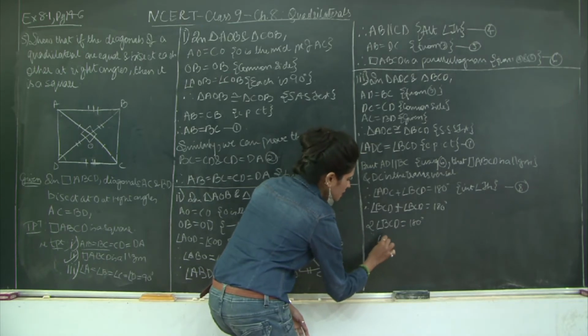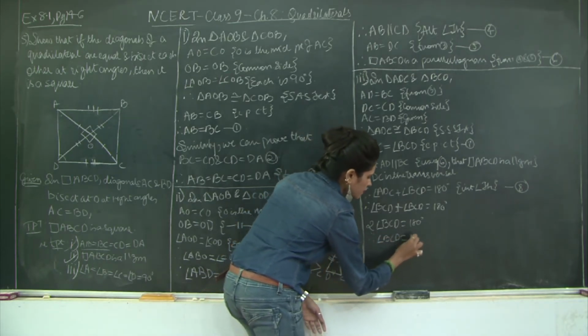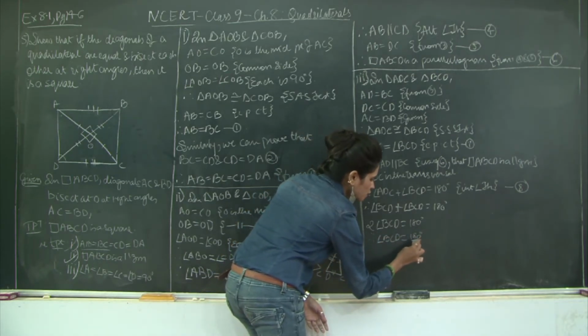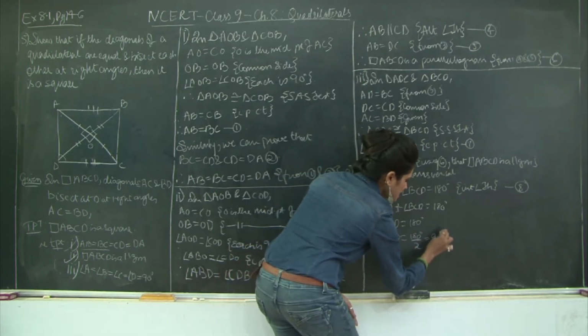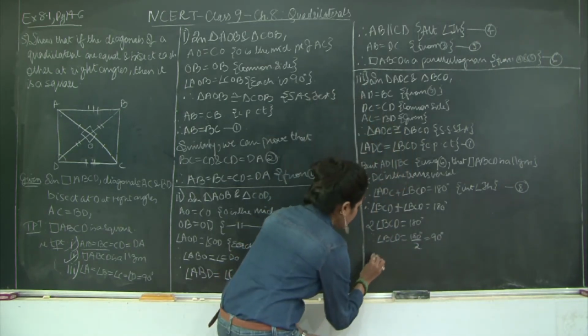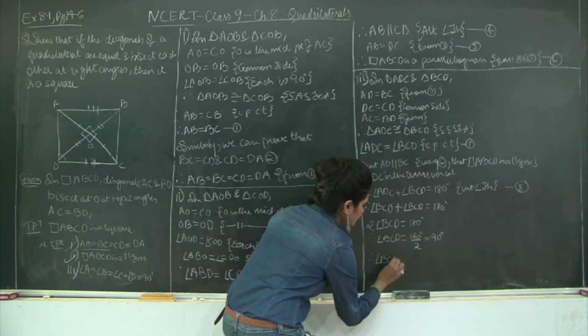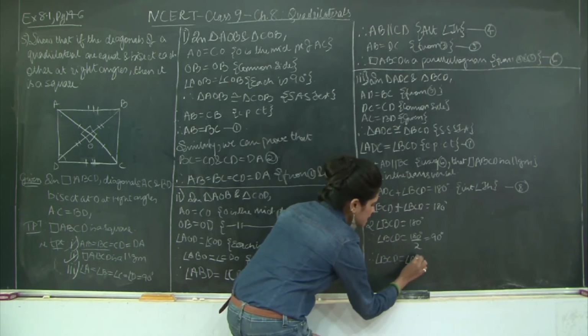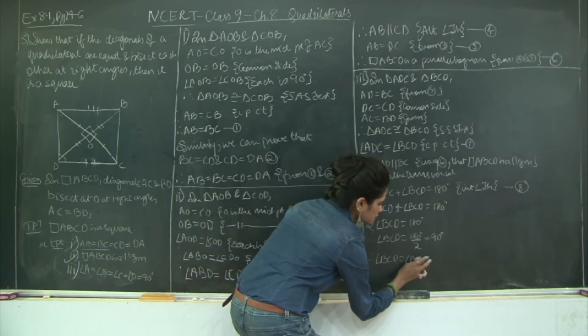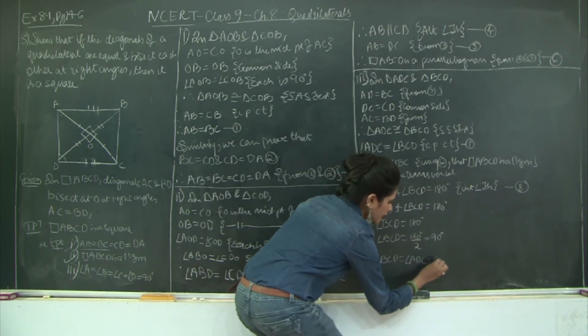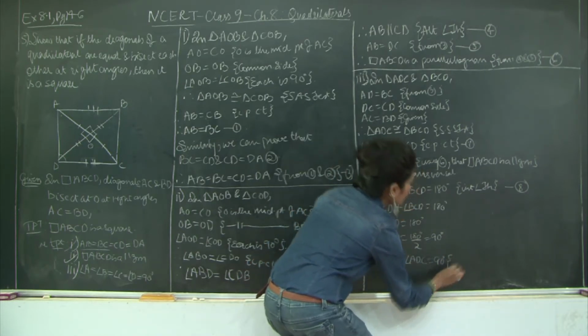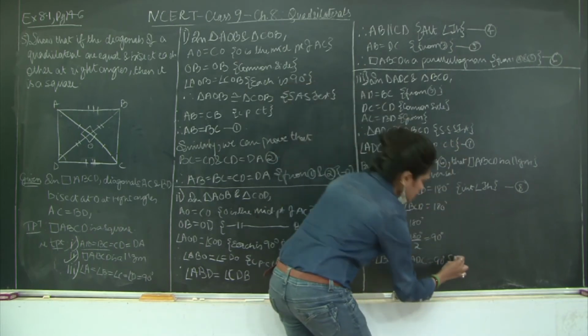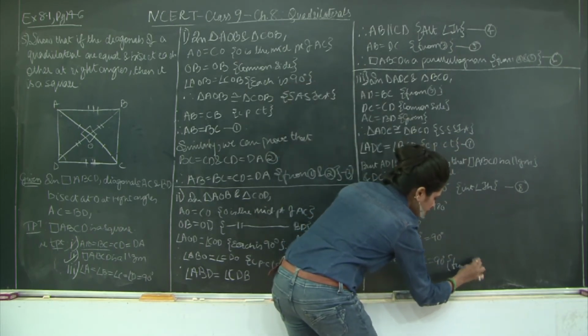Therefore, angle BCD is equal to 180 degrees divided by 2, which is equal to 90 degrees. Correct? Therefore, angle BCD is equal to angle ADC is equal to 90 degrees, and since we are taking this into consideration, I will say from 7.